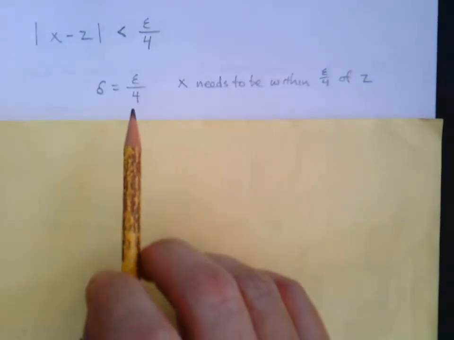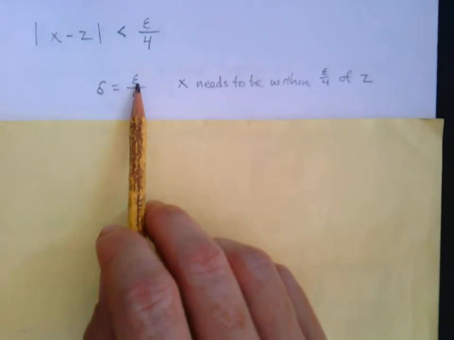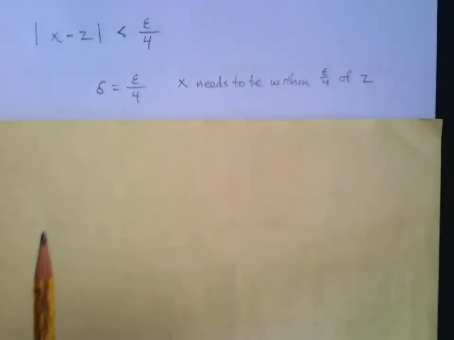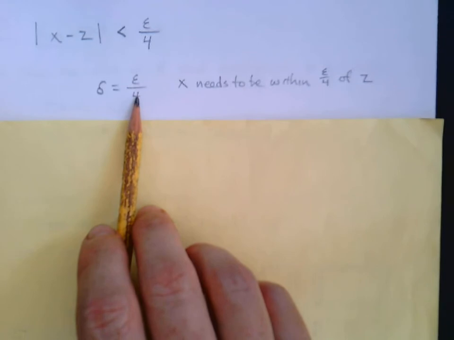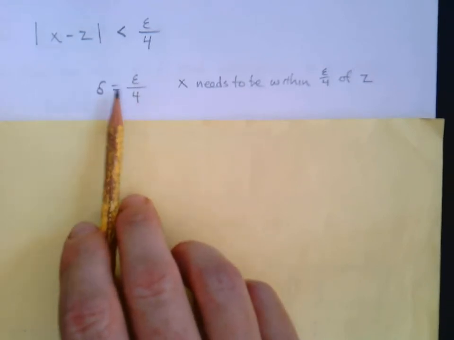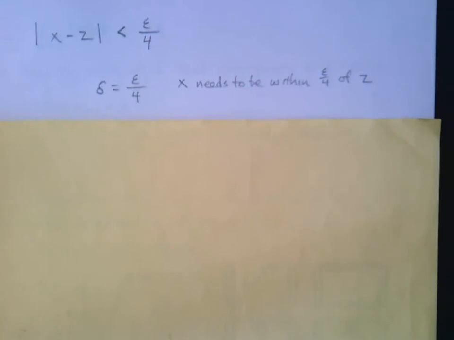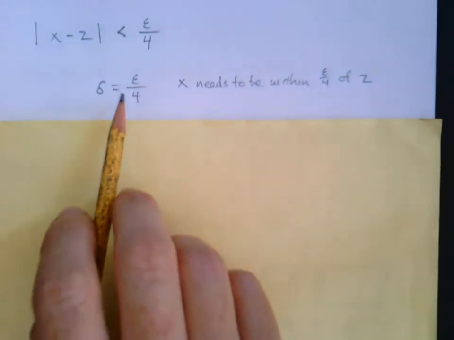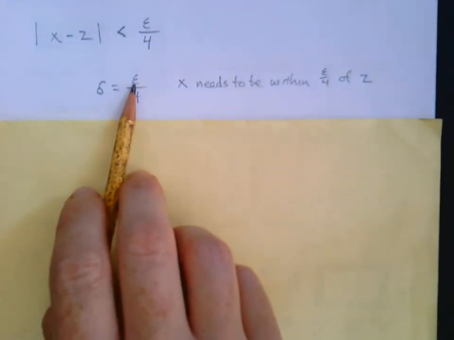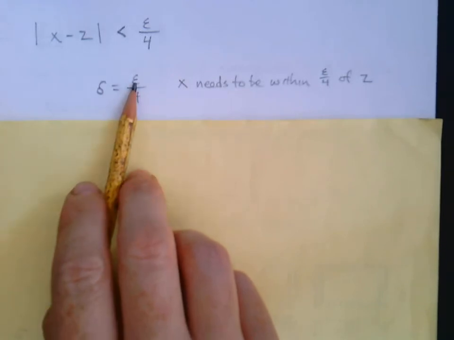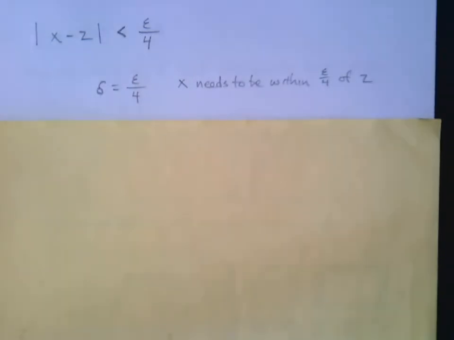I'm saying no matter what value you pick for epsilon, whatever value you pick, divide it by 4, that's how close you need to be to 2. If you want your function to be within 0.1 of 7, then just divide that 0.1 by 4. That's how close you need x to be to 2.